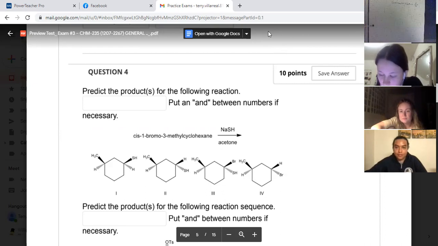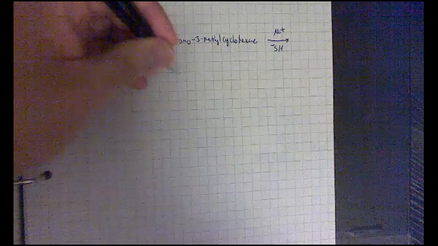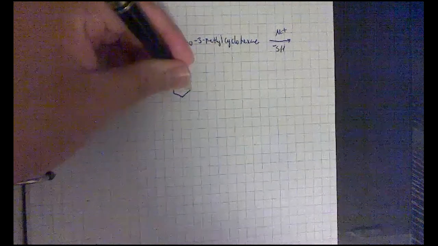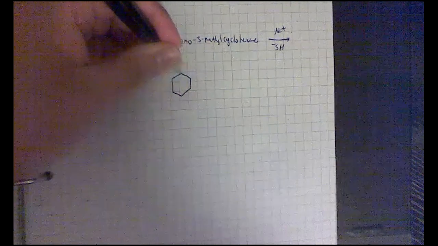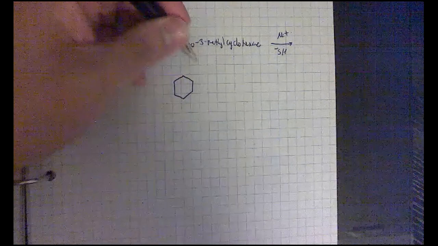So what I'm going to do is pop out of here. What is useful for me is if I just take this and draw it out. So cyclohexane, 1, 2, 3, 4, 5, 6. I know on 1 I have a bromine, and on 3 I have a methyl.